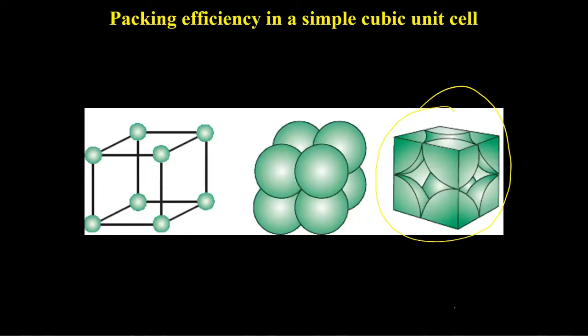But the more important part here is that if the radius of the sphere is r, then the edge of the cube is r plus r, that is 2r. So if this edge is a, it is the sum of the radii of two spheres.